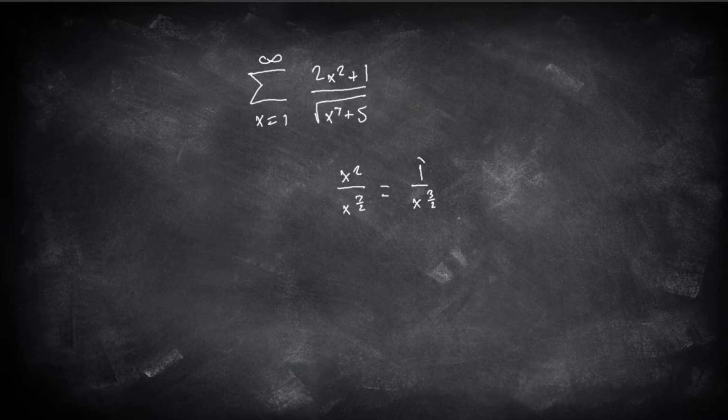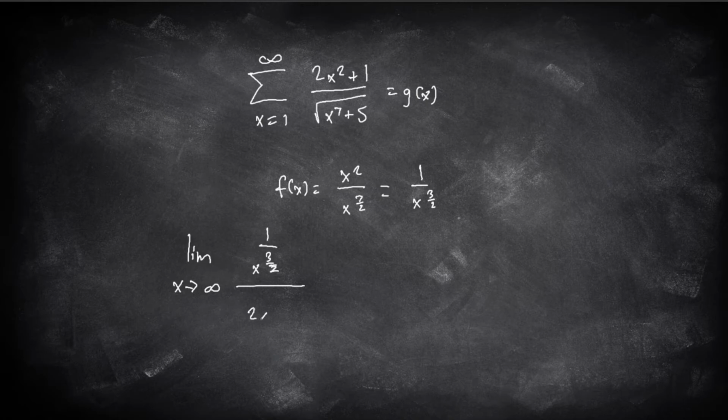So we're going to compare this, which is going to be our f of x, to our g of x. So the limit as x approaches infinity of f of x, which is 1 over x to the power 3 over 2, divided by our g of x, which is 2x squared plus 1 over the square root of x to the power 7 plus 5.